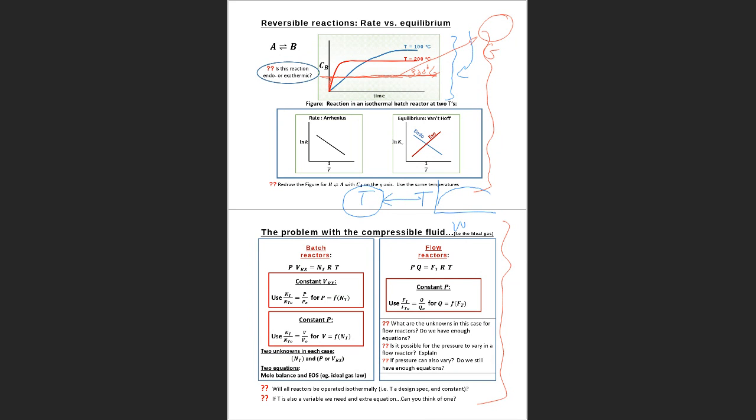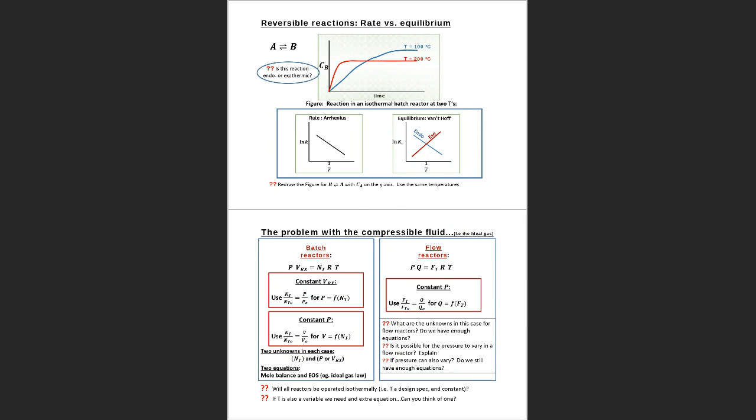We want something fast, but we don't want it to go nowhere really quickly. So we need to optimize that balance for exothermic reactions specifically: how far can my reaction go and how fast does it go. So this was a really fast look at reversible reactions. We'll revisit that, but let's just see if you could answer my question.